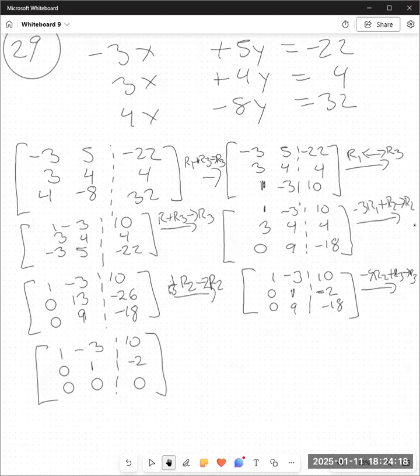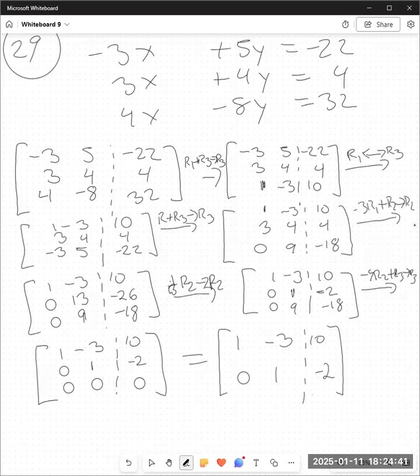It's not important to me. So this is really the matrix 1, -3, 10, 0, 1, -2 now. My system was what was called overdetermined. I had an extra equation that I didn't really need in there.